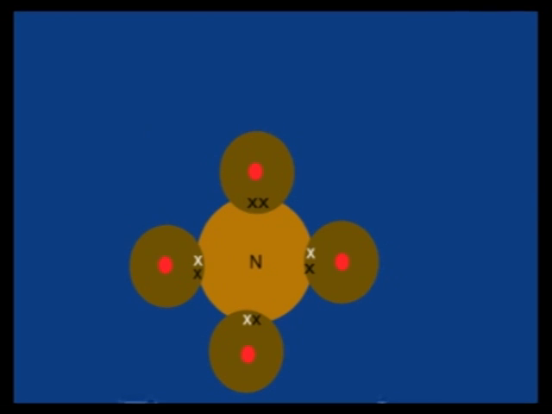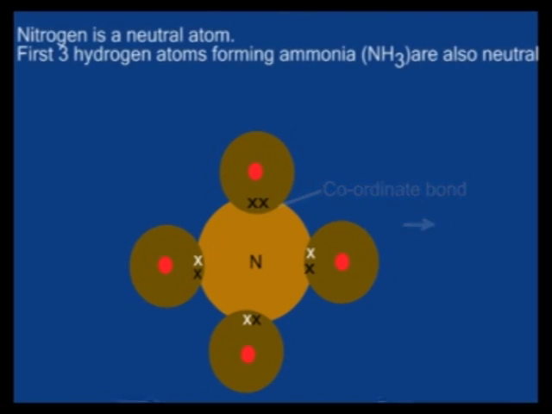Now in this combination of ammonia with a proton, the shared pair of electrons was contributed by one of the partners. Hydrogen ion did not contribute any electron. This is called a coordinate bond and is represented by an arrow as shown on your screen. Also note that nitrogen atom is a neutral species with equal number of protons and electrons.